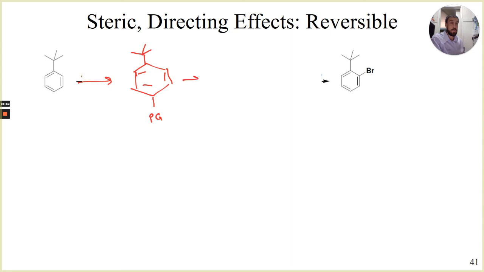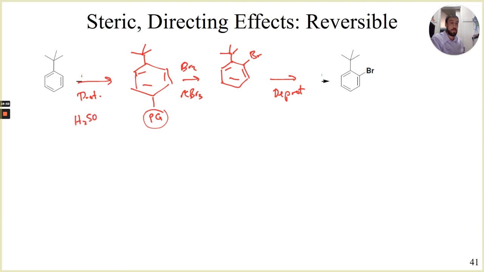Then we go through and run the reaction with our Br2 and FeBr3. Now we could put our bromine on, and then we would deprotect to get that final answer. So we would have to know, what is that protecting group? What was the reagent that allowed us to put something on and then immediately take it off?